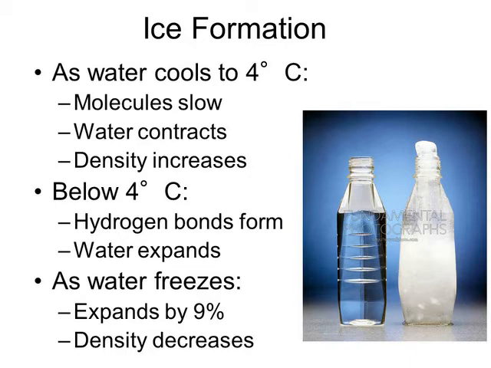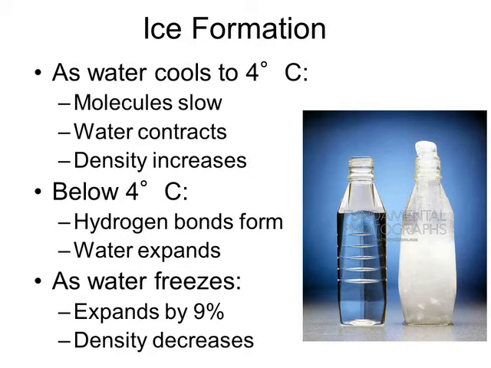So as water cools below 4 degrees C, those hydrogen bonds start to form and the water starts to expand, because that crystalline structure is starting to be put together. And then as water hits 0 degrees and freezes, that water has expanded to 9% its original size.